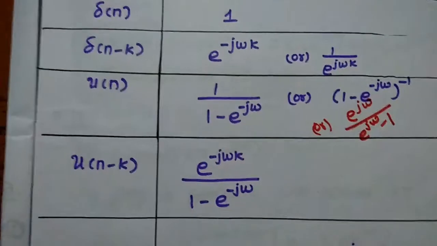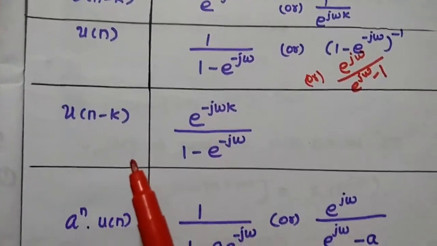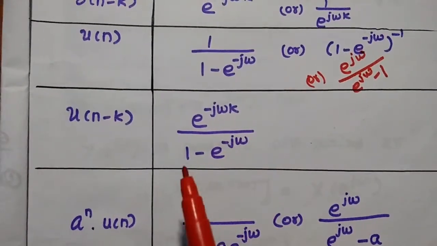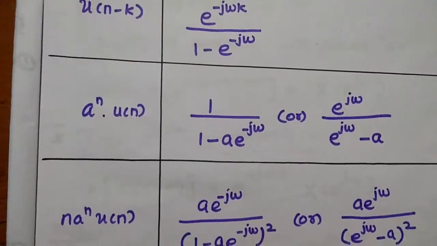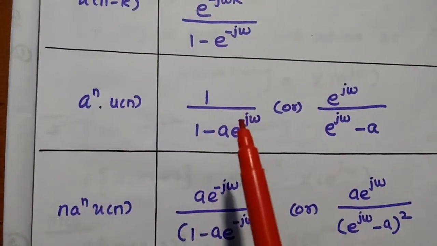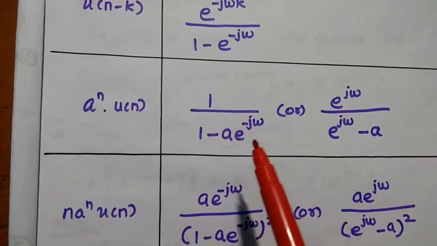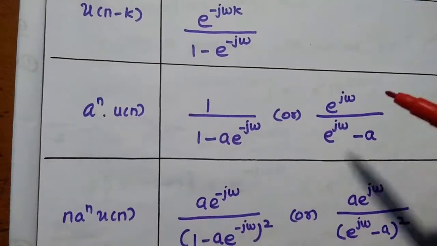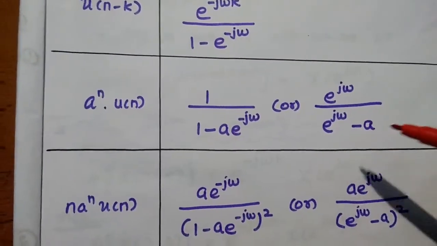Okay, so next, the Fourier transform of u of n minus k is equal to e power minus j omega k divided by 1 minus e power minus j omega. So a power n into u of n can be written like this. That is 1 by 1 minus a e power minus j omega. That is also written as e power j omega by e power j omega minus a.